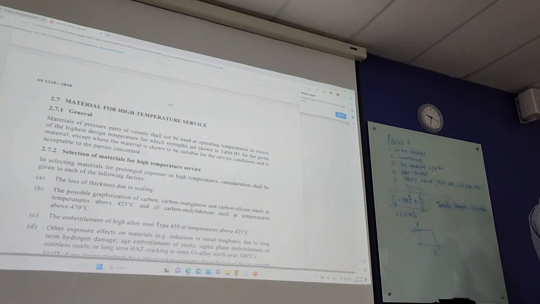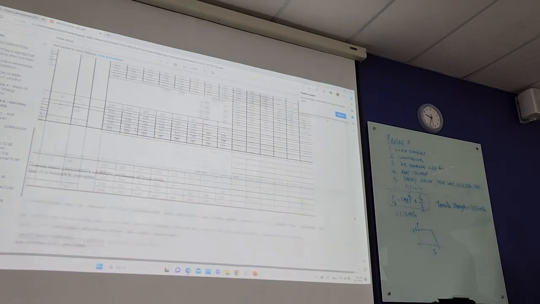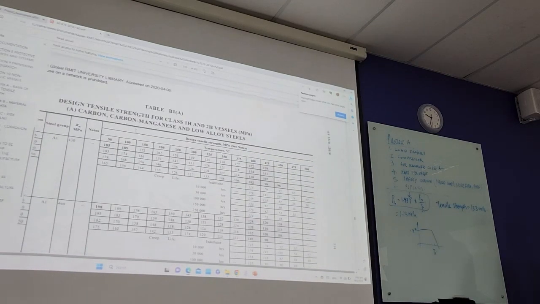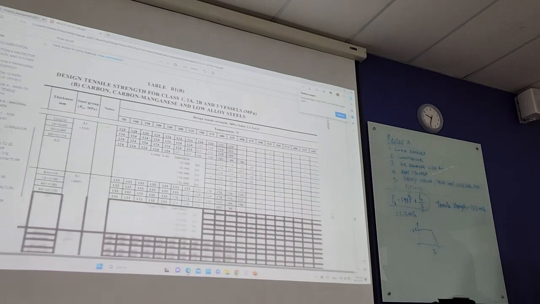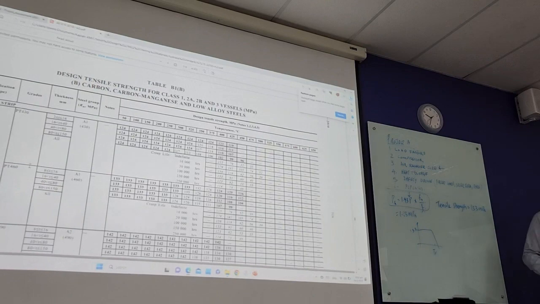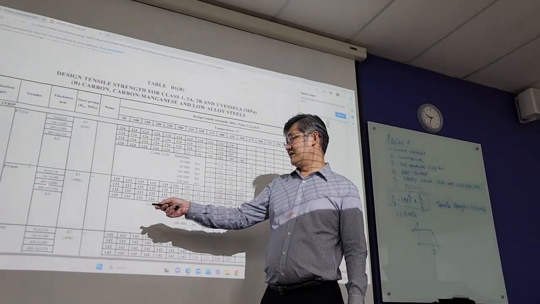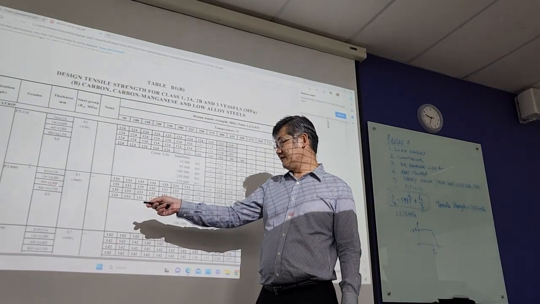So our table B1, less than 80 mm, less than 80 mm.